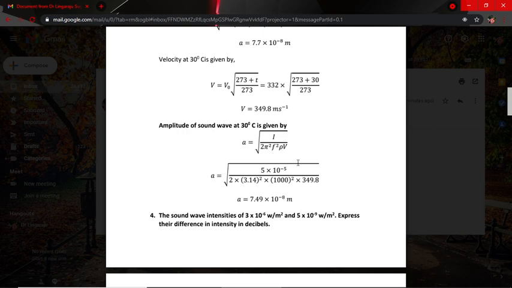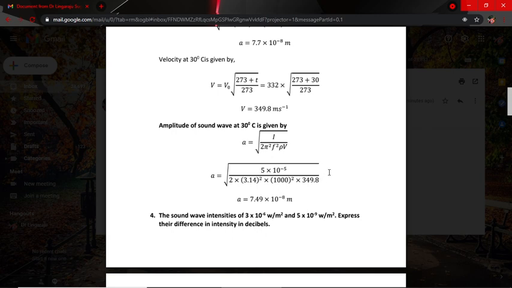A is equal to square root of, substituting the values, I, that is 5 into the power of minus 15, divided by 2 into pi square. Pi means the constant value 3.14 square, into F, frequency 1000 square, into rho into V, that is 349.8.